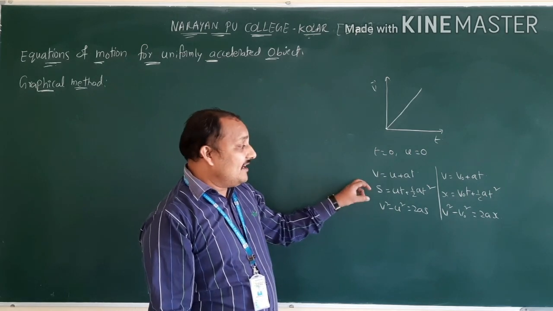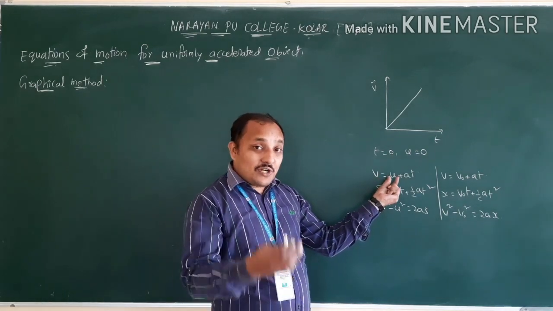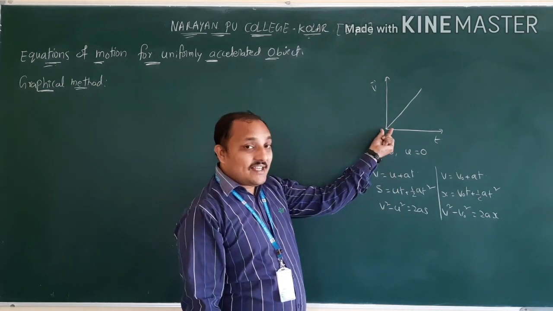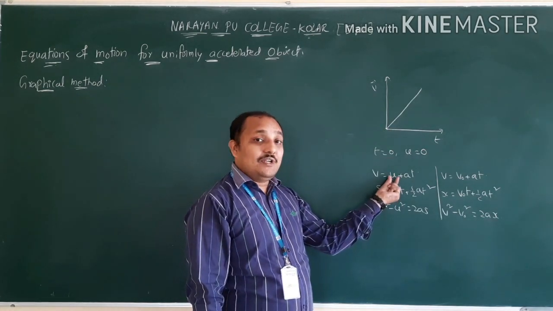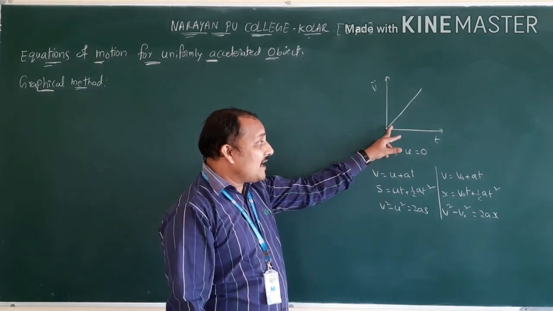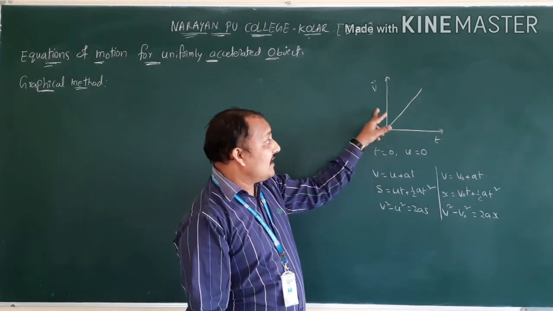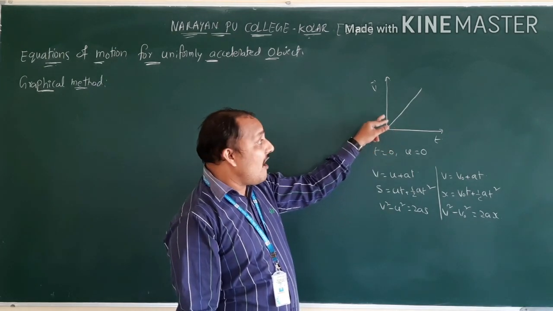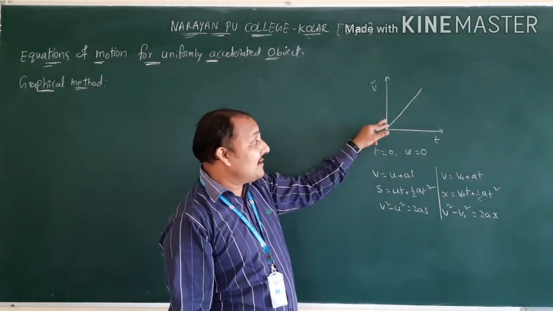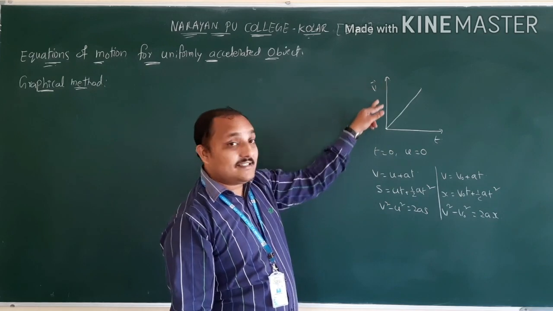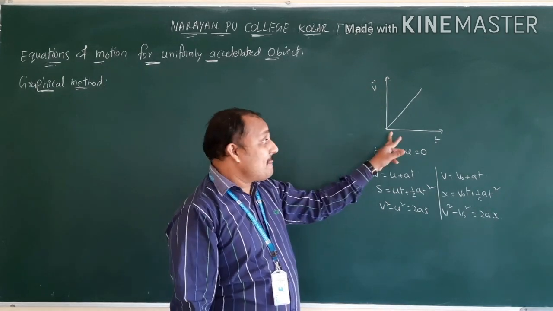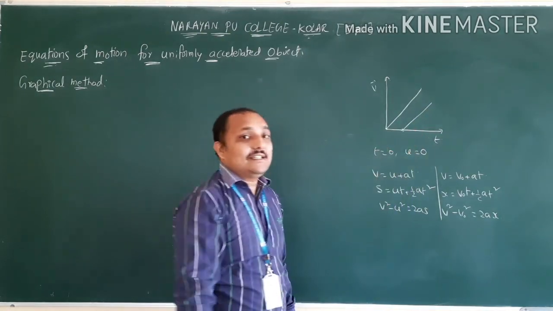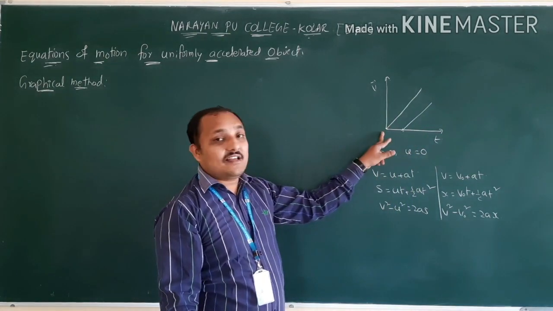While deriving, we should get this equation with the u-term. But if you have taken a graph like this, you won't get the u-term. To get the u-term, where do we have to draw this line, on the x-axis or the y-axis? We have to shift it on the y-axis, because this axis is representing velocity. If you draw this line from here, it will give time, and again the initial velocity is 0.